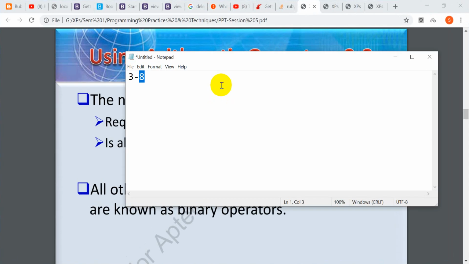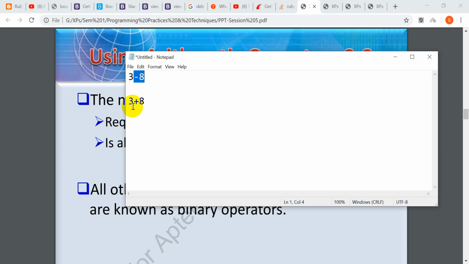So it requires only a single operand. Negation requires only a single operand because this minus is only for this 8. But for example, when we have something like 3 plus 8, this plus is for both numbers, and minus is only for this one.